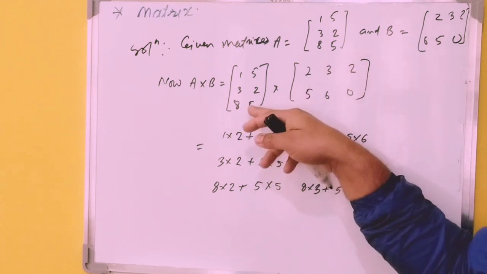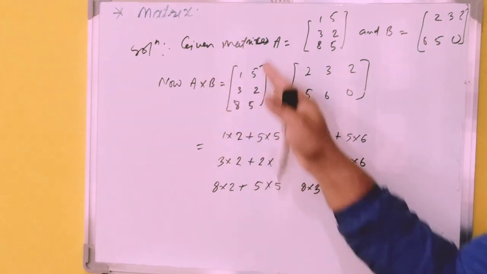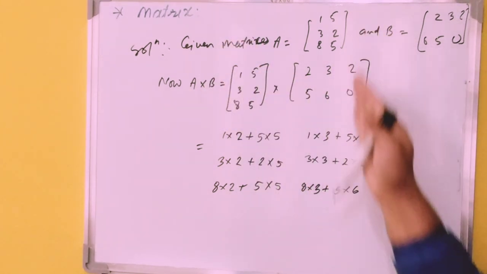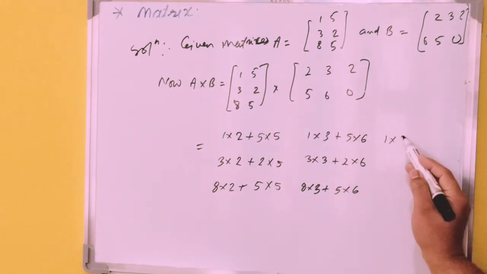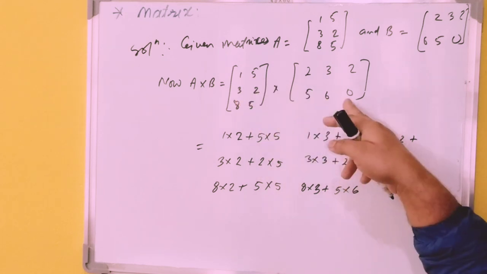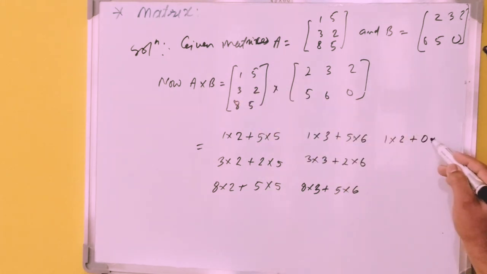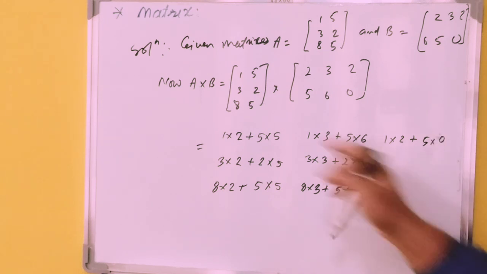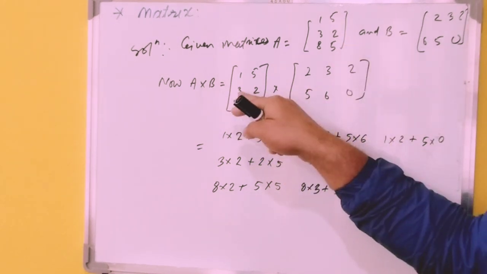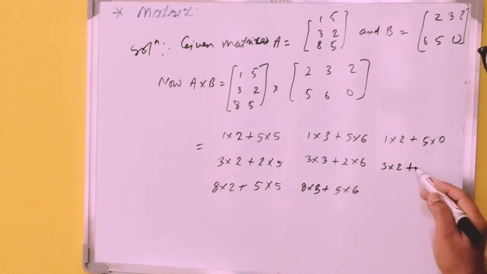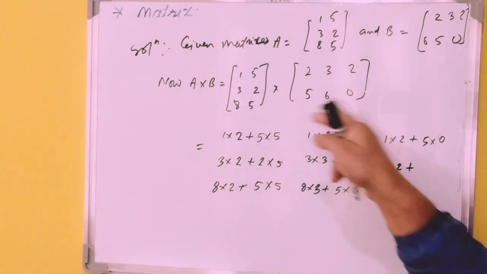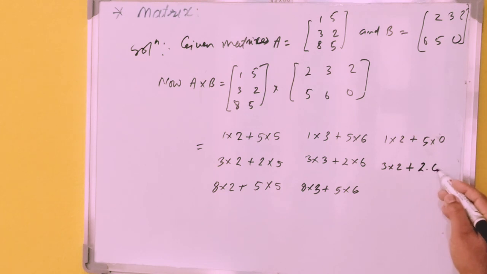Again repeat that process by taking the third column. 1 into 2 plus 5 into 0. For the second row and third column, 3 into 2 plus 2 into 0.